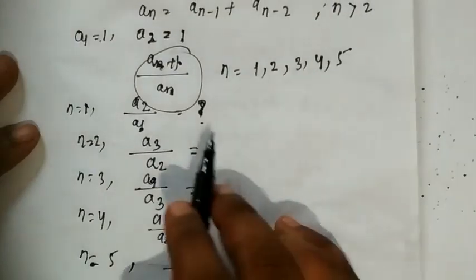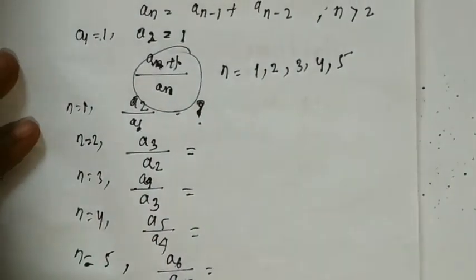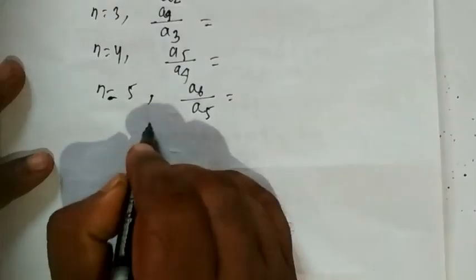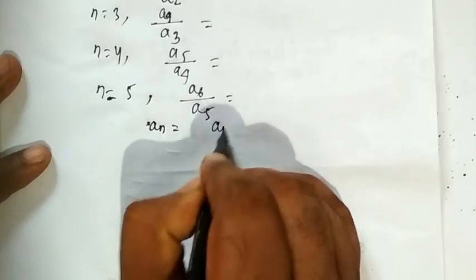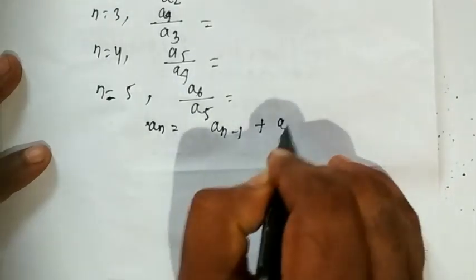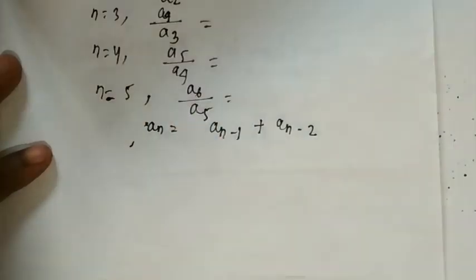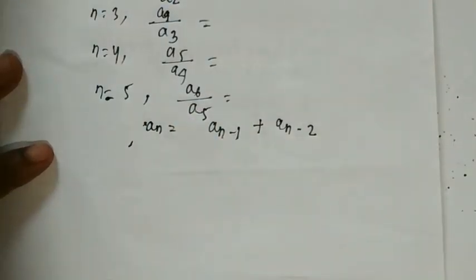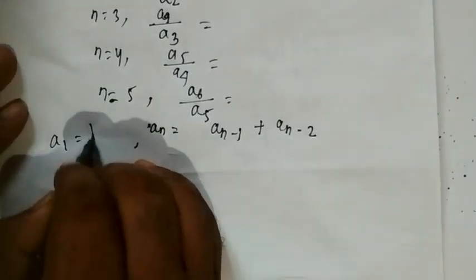That means first, you have to find a1, a2, a3, a4, a5, a6. How to find that? Here an is given to you: an is equal to an minus 1 plus an minus 2. Now substitute here. First you have to find a1, a2. a1, a2 we already got here. a1 is equal to 1, a2 also is equal to 1.